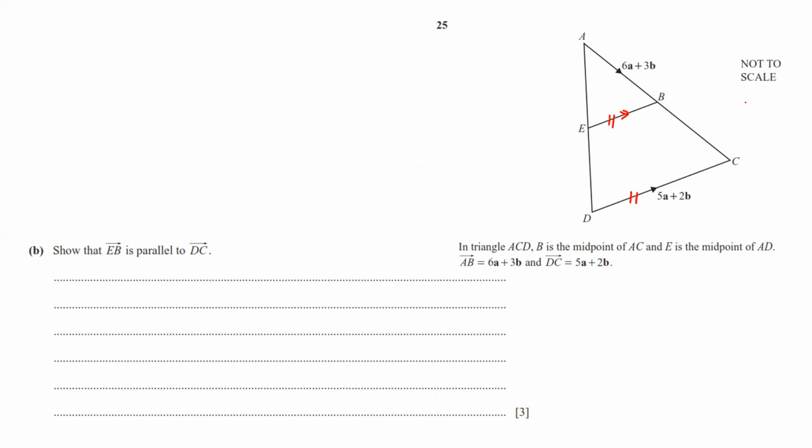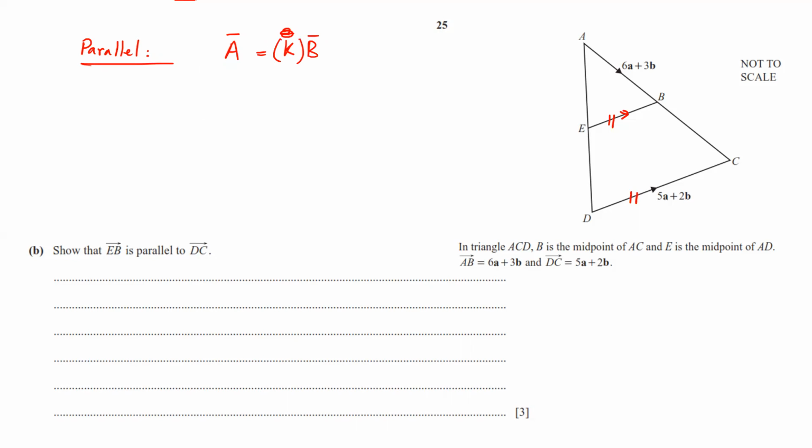Remember, for vectors to be parallel, one condition is that vector A is a multiple of vector B. Sorry, not linear, just simply a multiple of vector B. Then that vector will be an integer multiple of another vector B.